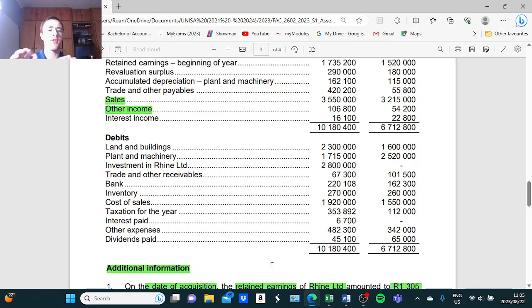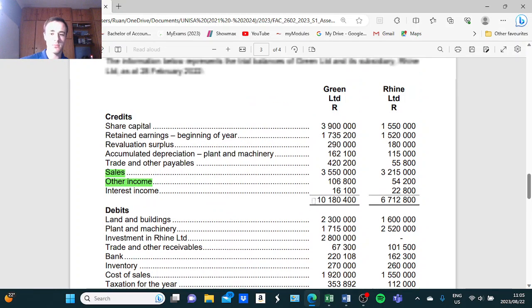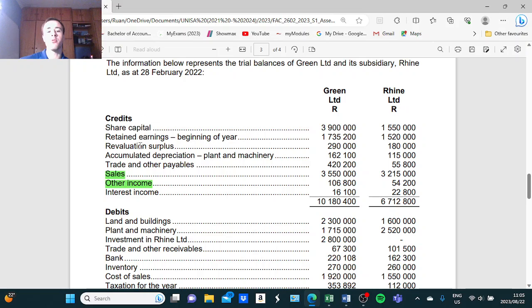It's very important that you take note of this, because if you look at your trial balance for the subsidiary, we have a revaluation surplus balance of 180,000. But this is the balance as at the 28th of February 2022. So now you might be asking, if we have RVS of 180 at year end, what was the balance at acquisition? Have they provided us with enough information to calculate that balance?